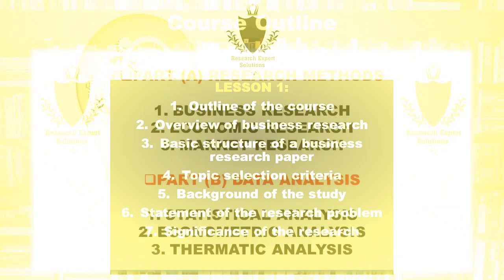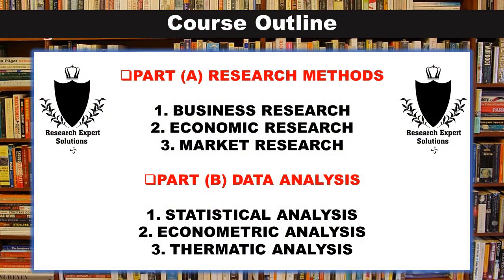research. Okay, so with regards to the course outline, basically this course is going to comprise two parts. The first part is the research methods, and the second part is basically data analysis, also called part B, right?